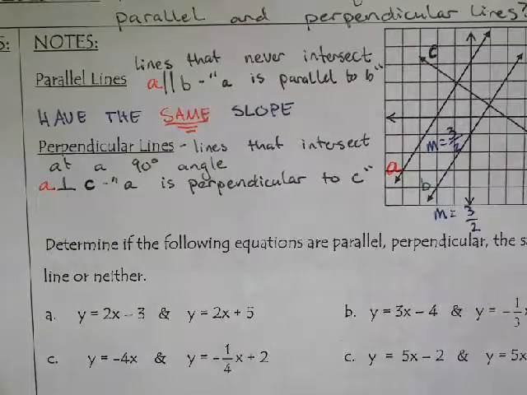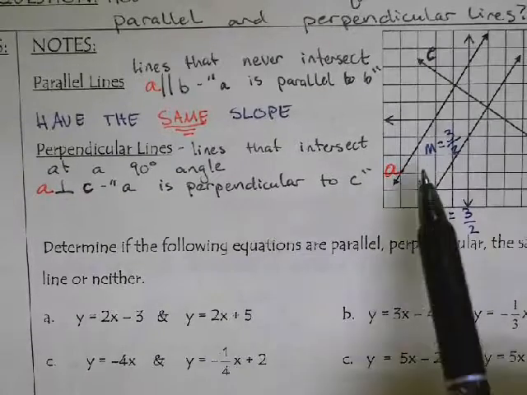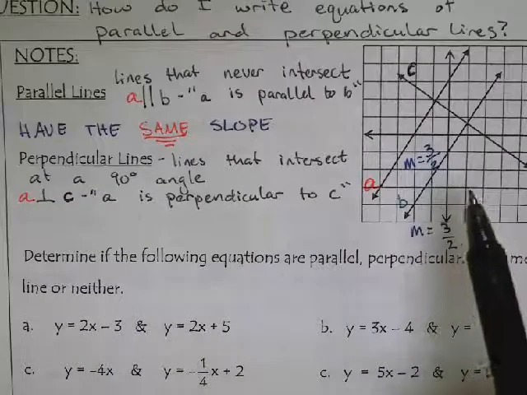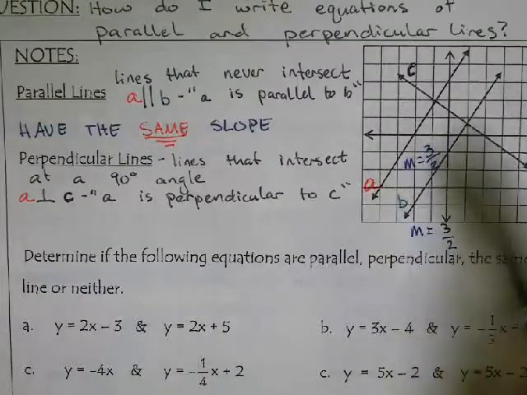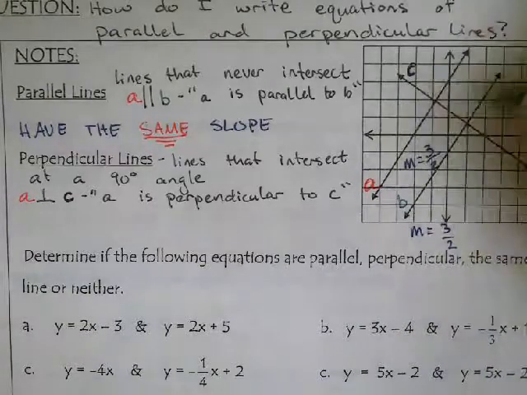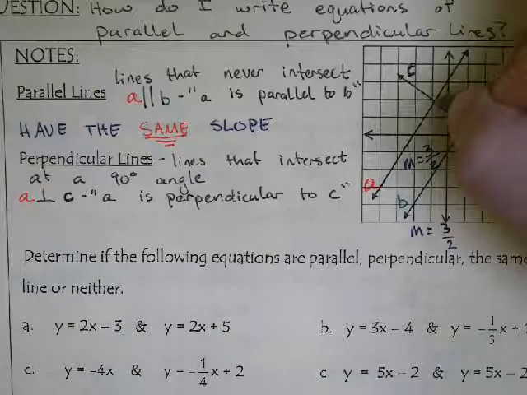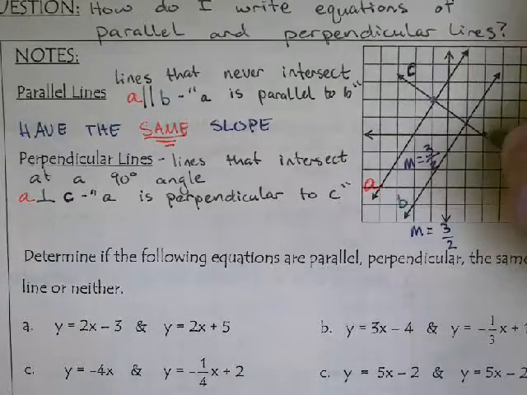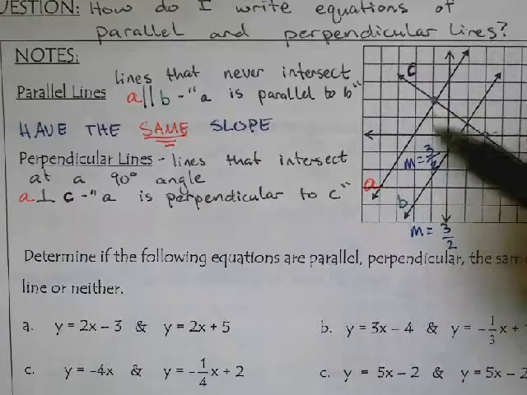Now it's really slope that is our big piece that we're looking at to discuss if they're parallel or perpendicular. So let's look at the slope of line C and see if we can make a decision about the slopes. If I go from this point to this point, I'm going to go down 2.